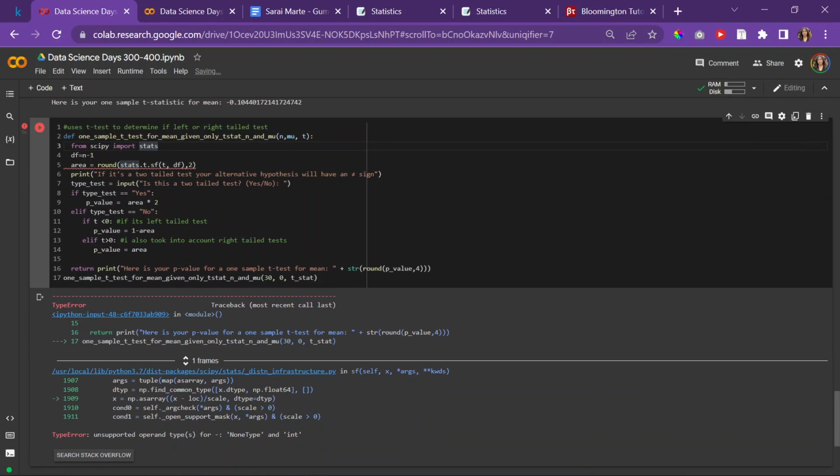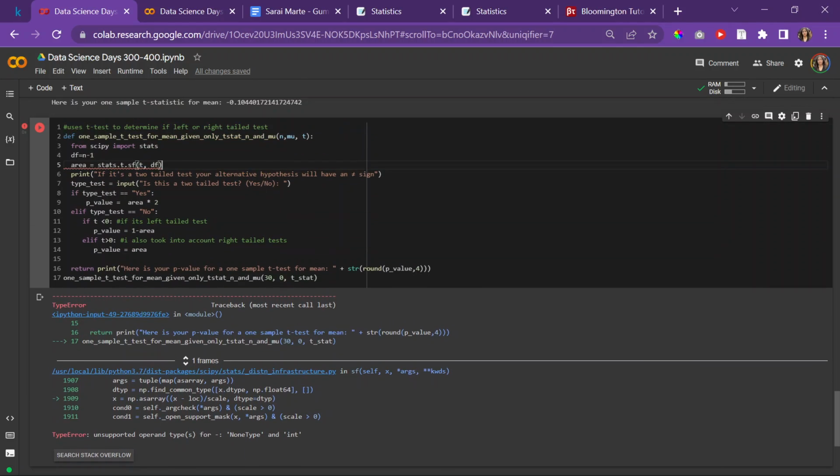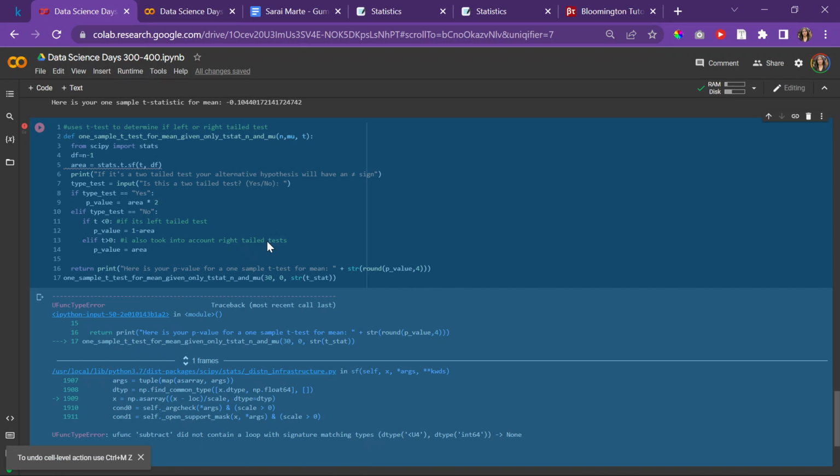What does it even mean? Like that. That's Tstar SF statistic df equals 1. What do you mean? Okay, string. Oh, it's because it doesn't take float. Oh no.